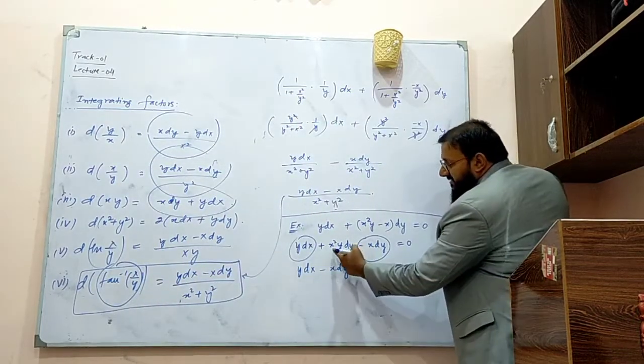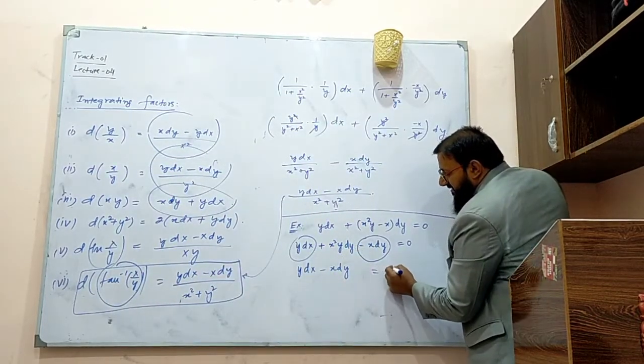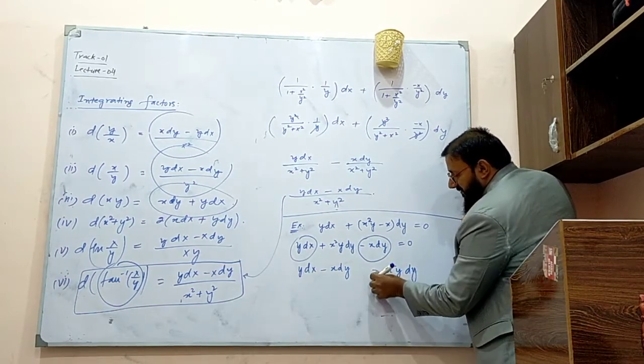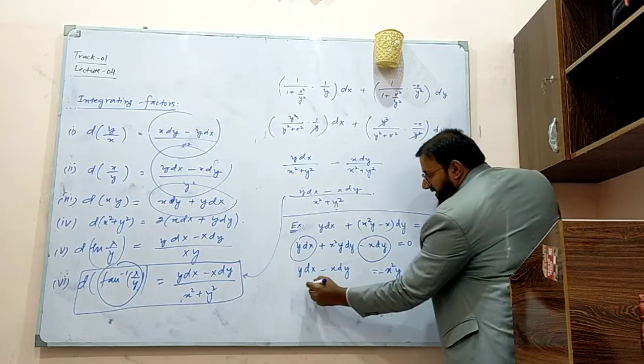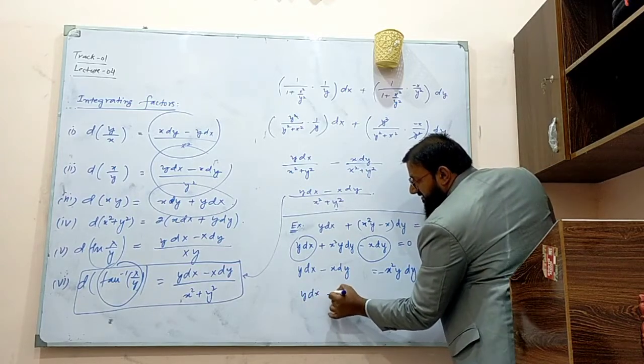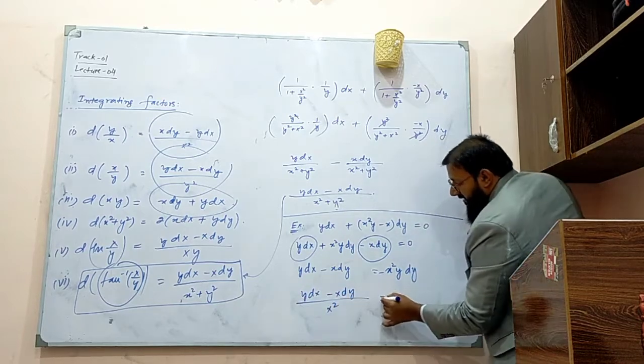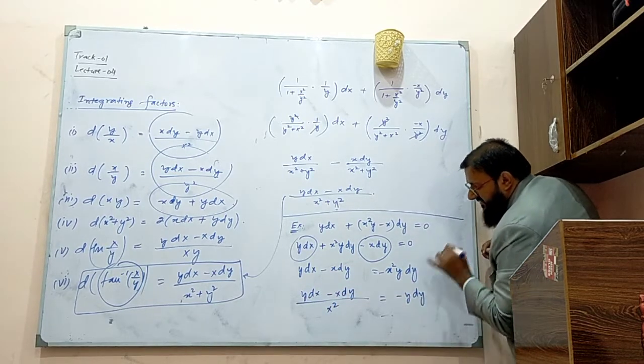When you take this thing on another side, this becomes x square y dy in negative sense. Then you divide by x square. Then this becomes y dx minus x dy divided by x square equals minus y dy.